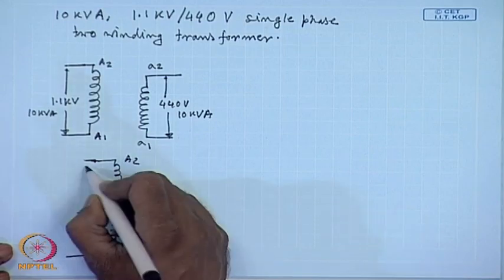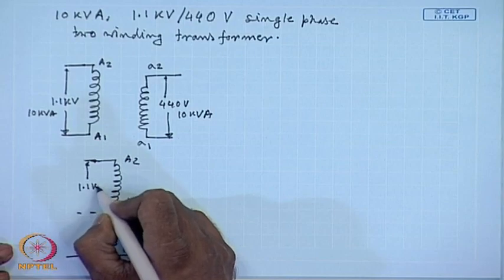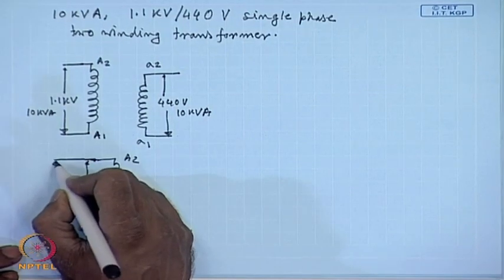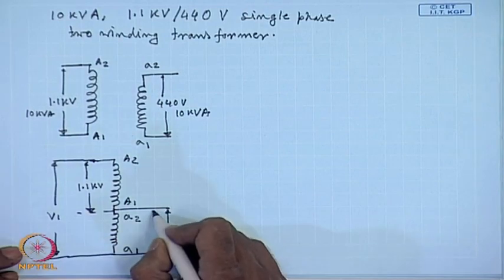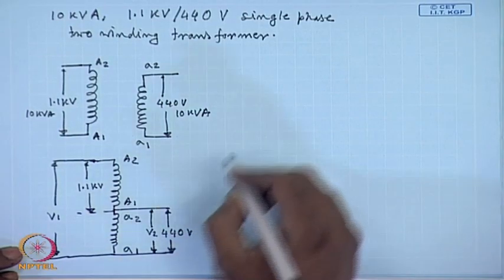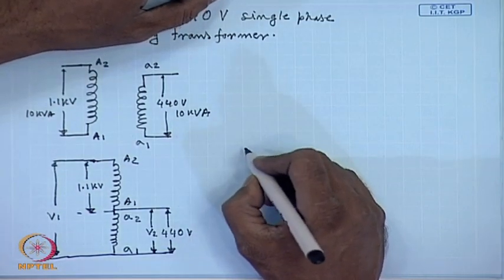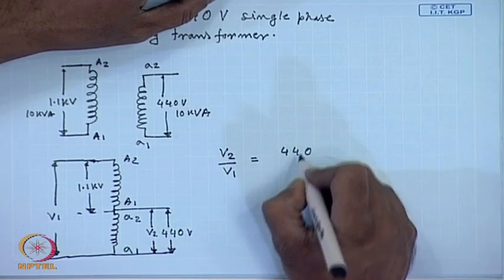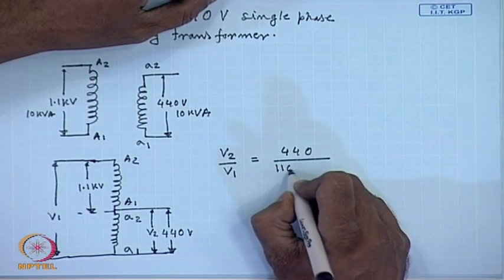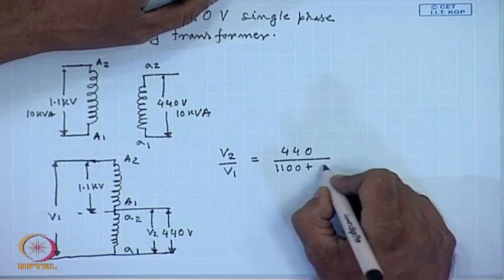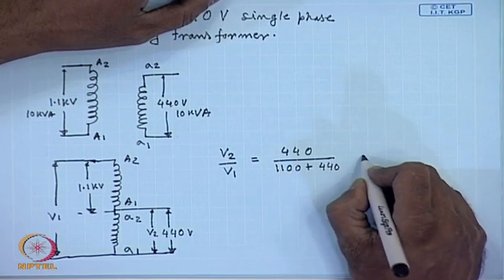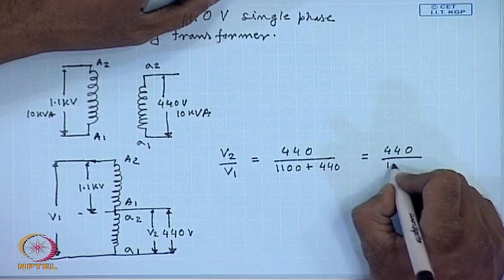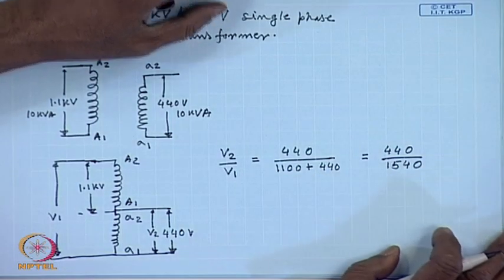The maximum voltage that can appear here is 1.1 kV. Hence, the voltage ratio V1 by V2 or V2 by V1 here can be 440 divided by 1100 plus 440, equal to 440 divided by 1540. This is the voltage conversion ratio.